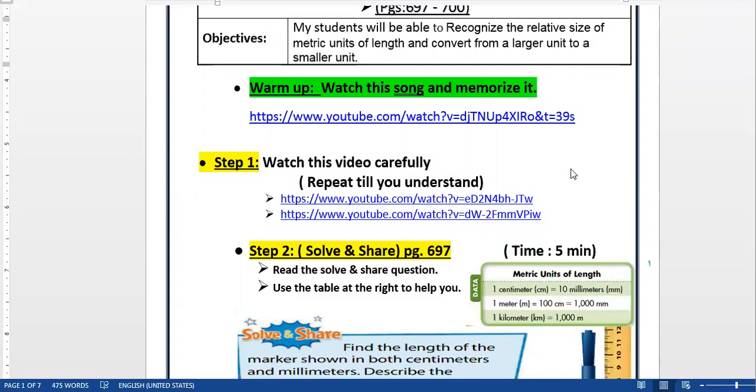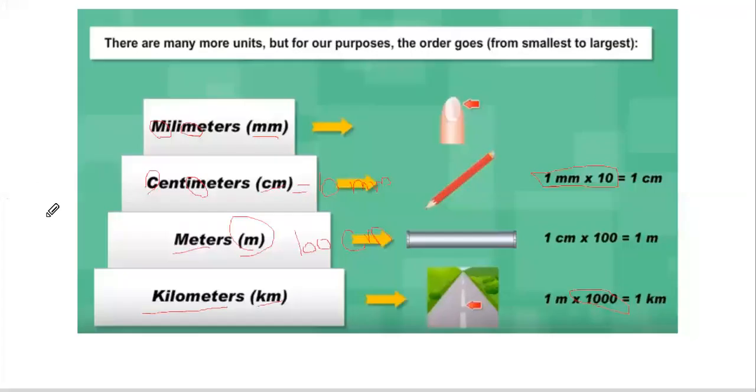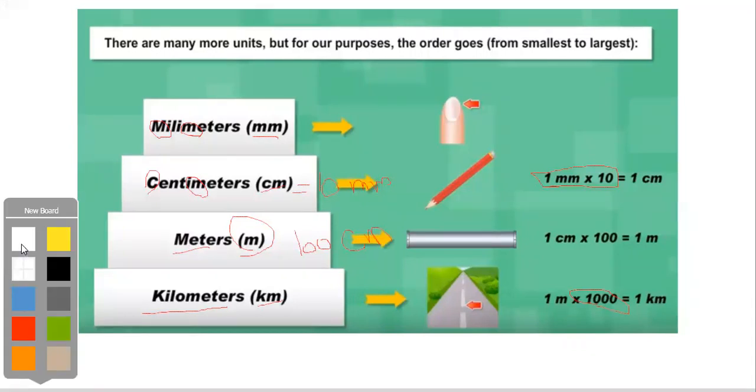Let's explain how to convert between units. That's really easy. As an example, if I ask you to convert 3 meters, we write 3 meters as 3 m. 3 meters equal how many centimeters? If you want, I can show you this table here.